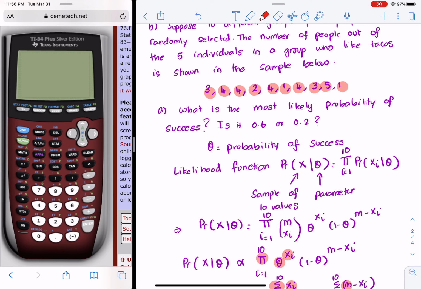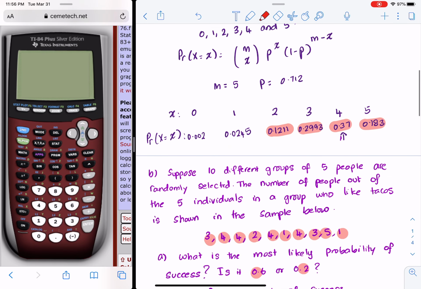The next one gave 4 out of 5, and so forth. The question here is which is more likely, 0.6 or 0.2 for the probability of success. So we are going to make use of the likelihood function.